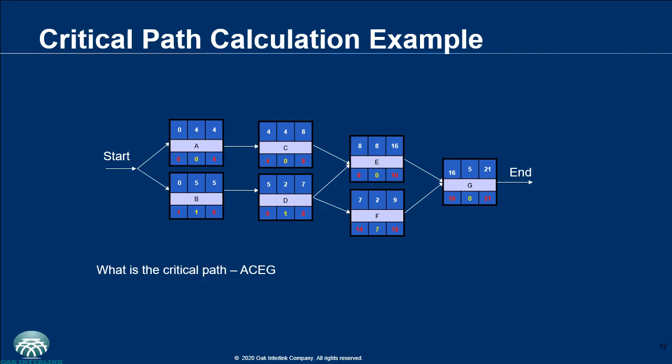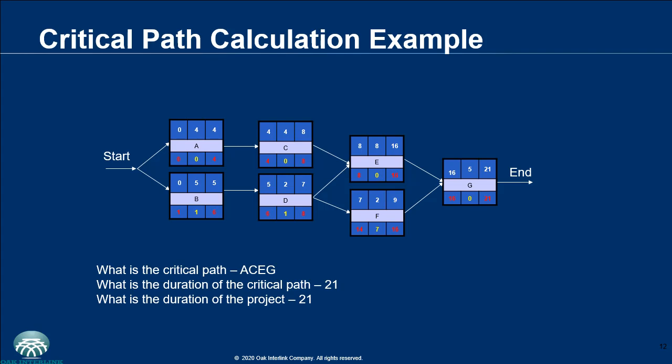The last number at the end, that is the early finish as well as the late finish, is 21 in this case, and that is the duration of the project, and that also is the duration of the critical path.